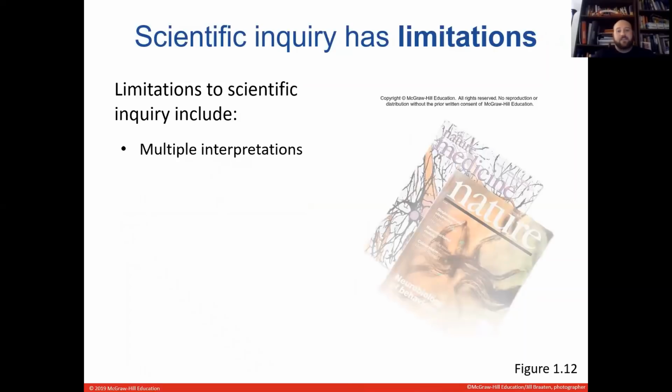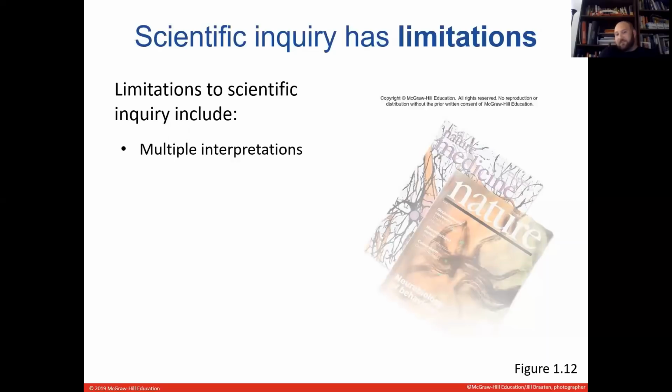Scientific inquiry has its limitations. This is something that we really need to consider, especially with everything going on with COVID and climate change and all these other things. Some of these limitations can include multiple interpretations. So technically, even though we have a very strong idea that climate change is happening right now, there's not quite 100% consensus.